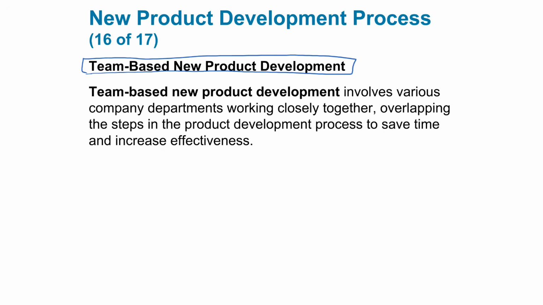Then there is team-based market development. That was the customer base; this is the team base. You devise a team of experts. What does it do? It involves various company departments working closely together, overlapping steps in the product development, the 8 steps that we have discussed, and the process of developing and improving products.